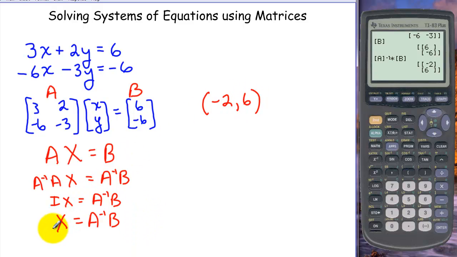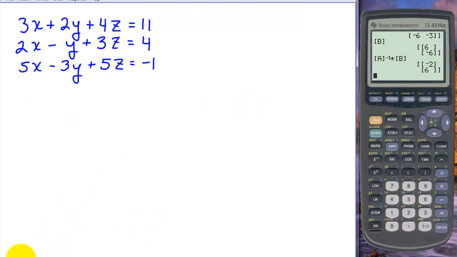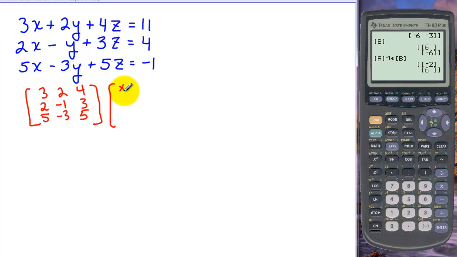Now let's do this same thing with the more complicated equation we had here. So our coefficient matrix, matrix A, will be 3, 2, 4; 2, -1, 3; and 5, -3, 5. Again, we have our variable matrix, and we have our right side.